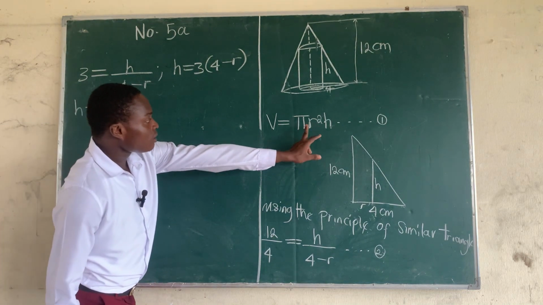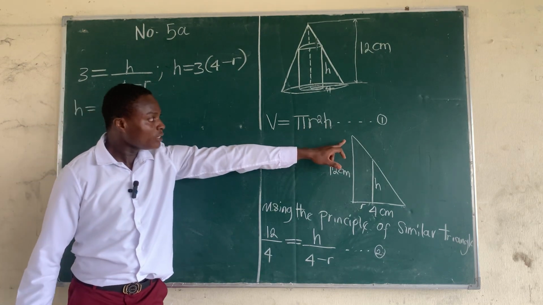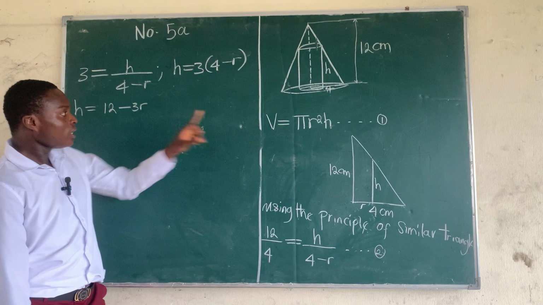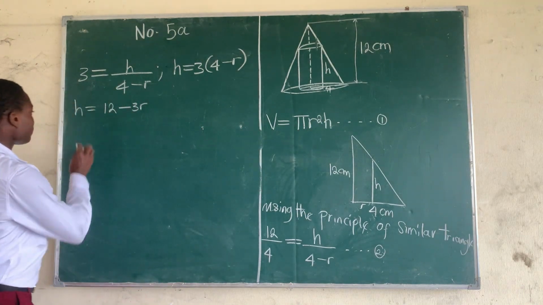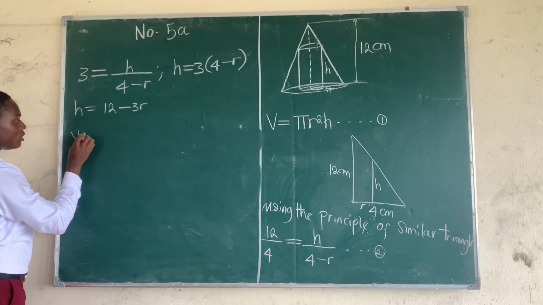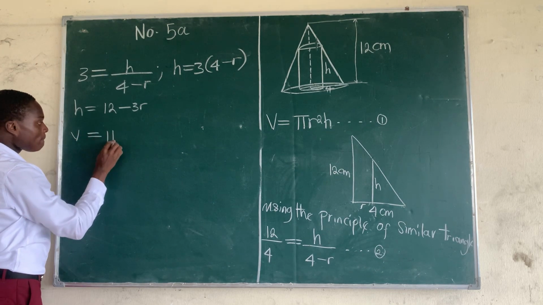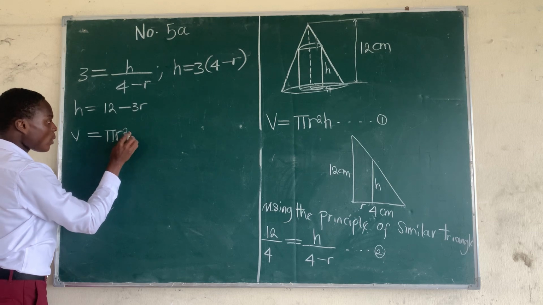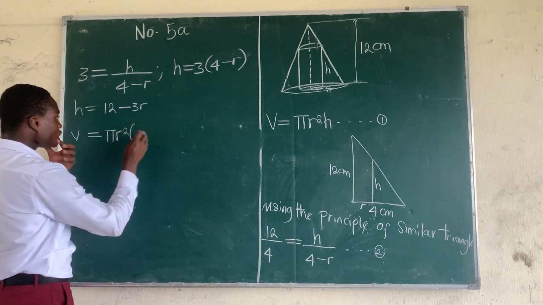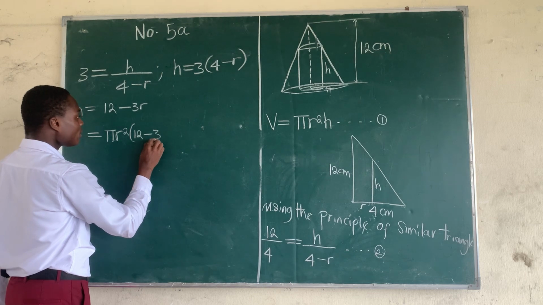But recall that the volume is pi r square H. So we can substitute H into equation 1. You have the volume equal to pi r square into H, which now becomes 12 minus 3R.